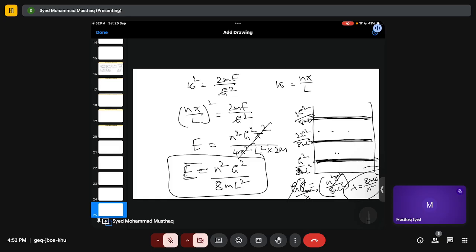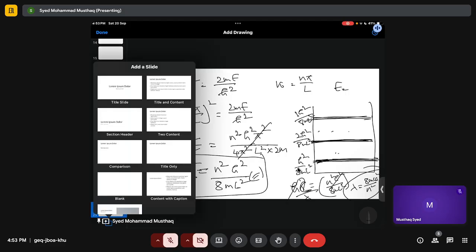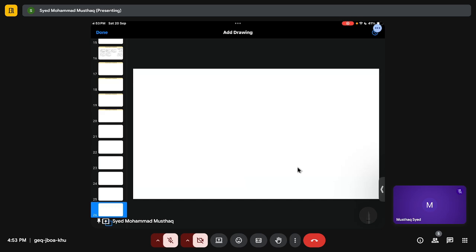If you have quantum confinement, these are the allowable energy levels. If there is no quantum confinement, you can just write it as kinetic energy. For example, if I am talking about thin films, then my quantum confinement is only in one direction because my other two dimensions are not in nanoscale.